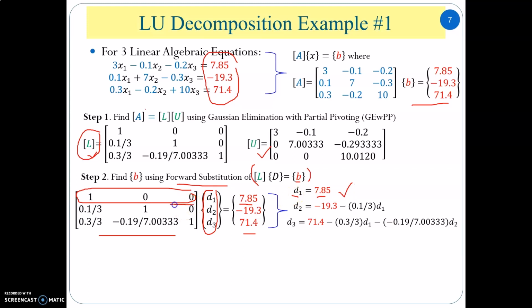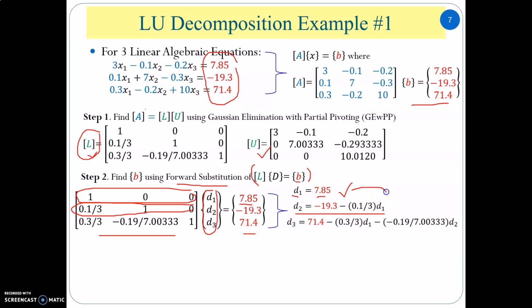And then you continue for the second row, multiply with this column, it should be equal to negative 19.3. So if you arrange the formula, on the left hand side you have the D2, on the right hand side you have negative 19.3 minus 0.1 divided by 3 multiplied with D1.